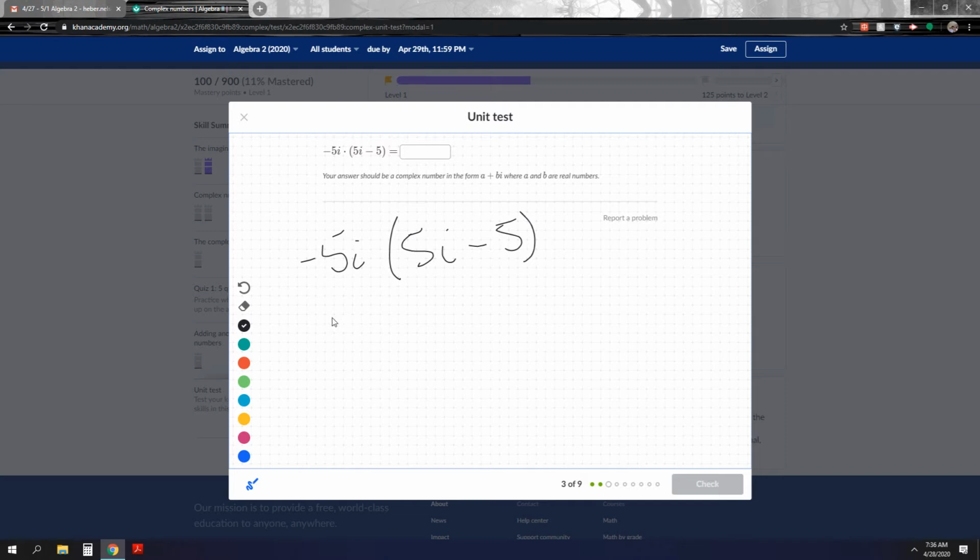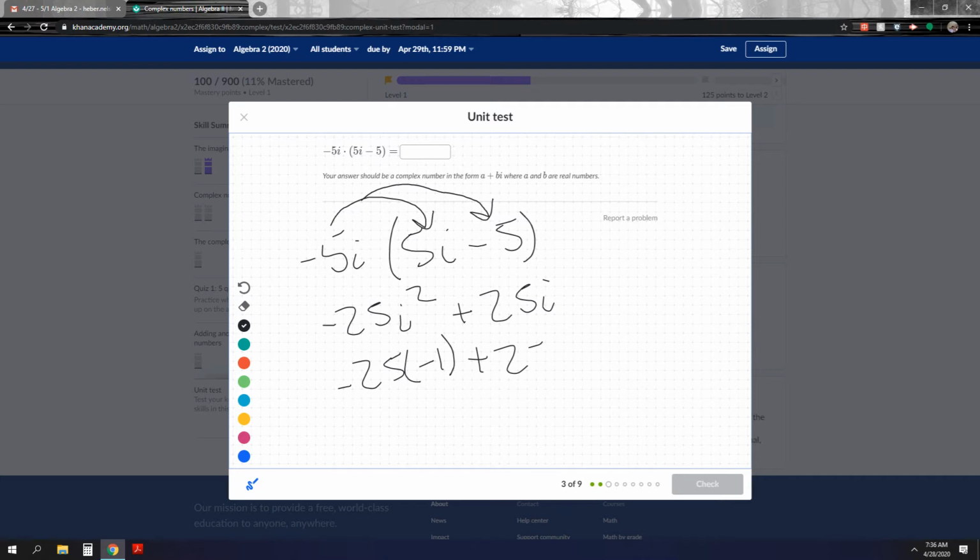Negative 5i times 5i, negative 25i squared, plus 25i. And all I did was multiply this to this, and I multiplied it to this. Well remember, i squared is just negative 1, so this is negative 25 times negative 1 plus 25i. Negative 25 times negative 1 is 25, so we just have 25 plus 25i.